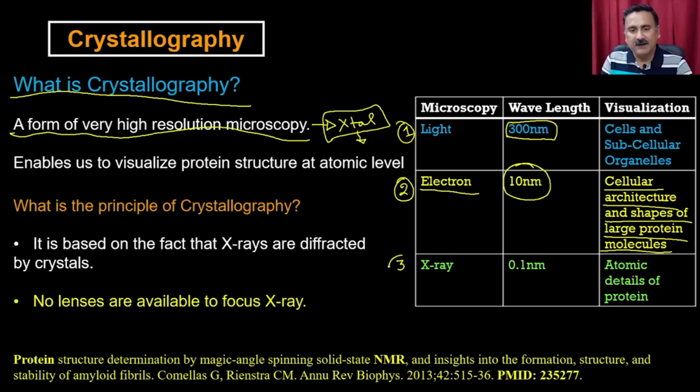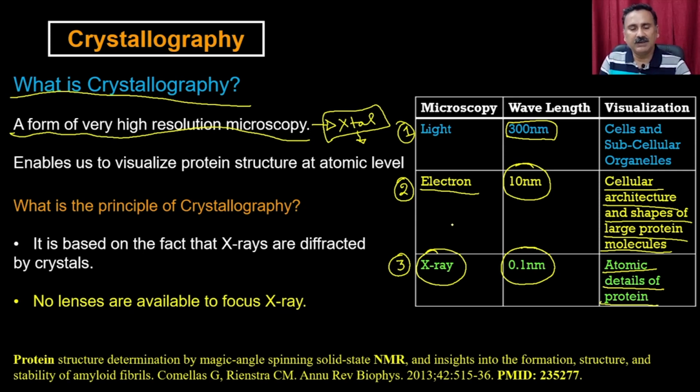Whereas, when we use X-ray as the illumination source, the wavelength is 0.1 nanometer, and it allows you to see the atomic details of the protein.